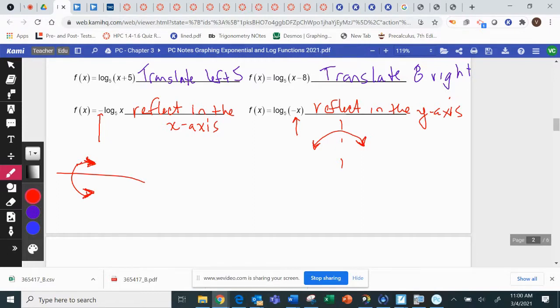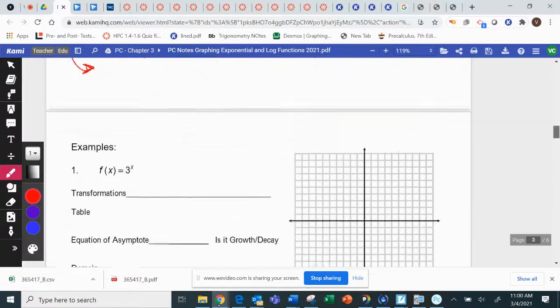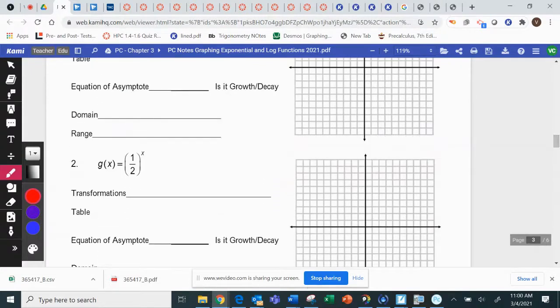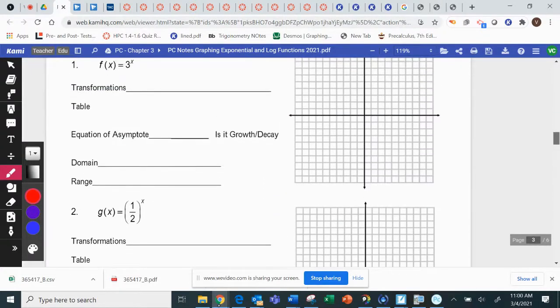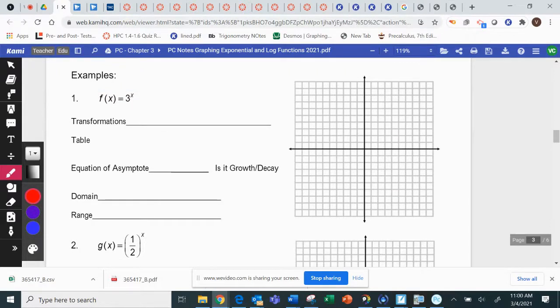Okay. So some examples. We've got f of x equals 3 to the x. So we're going to determine, is this exponential or logarithmic? Caroline, exponential or logarithmic? Okay, so we're just going to do it the way we'd normally do it.